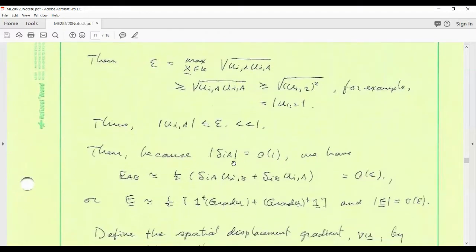The shifter, on the other hand, these are direction cosines, if you recall. They are order 1 in magnitude. So the strain displacement relation we had derived, in Cartesian form, would be approximated by this expression here, where we neglect the squares, u i comma a times u i comma b.